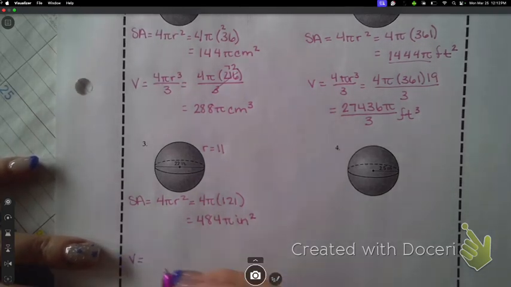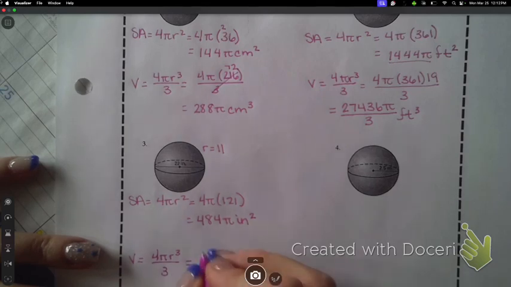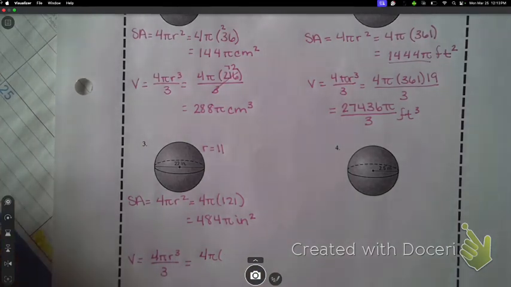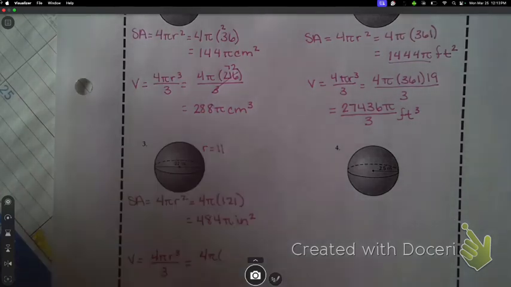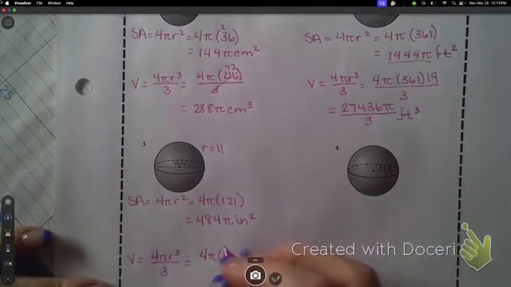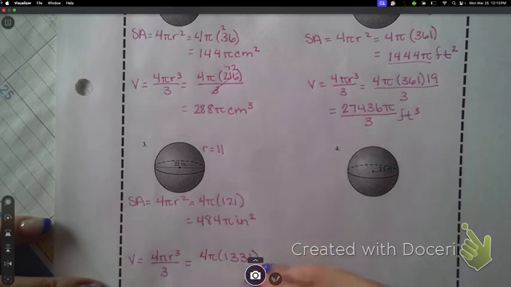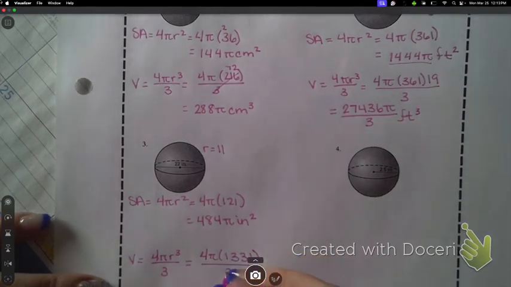Volume. So 4 pi r cubed over 3. So 4 pi times, 121 times 11. I think it's 1,331, isn't it? Yeah. Over 3.